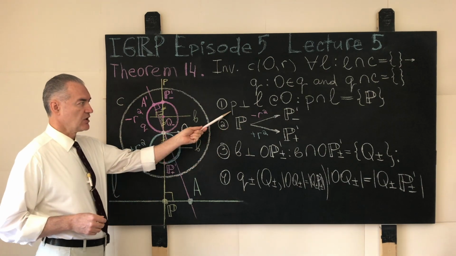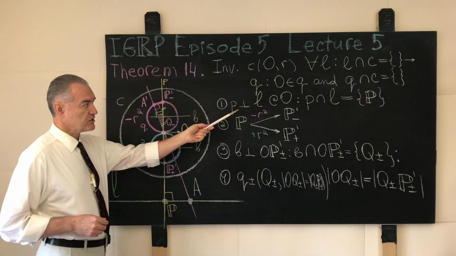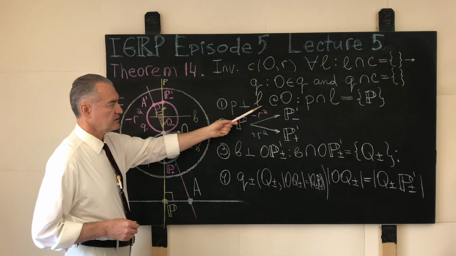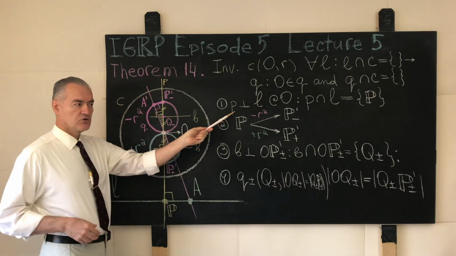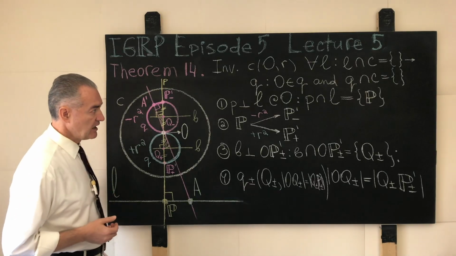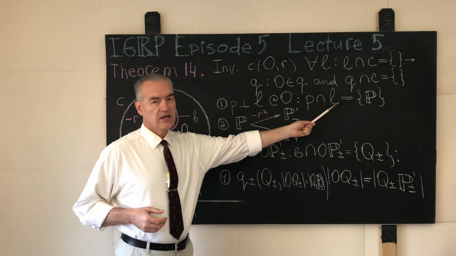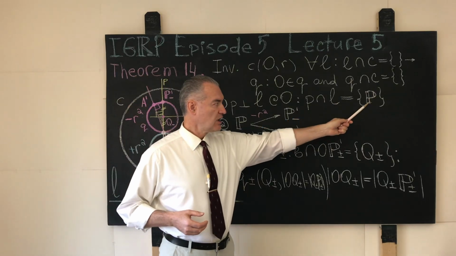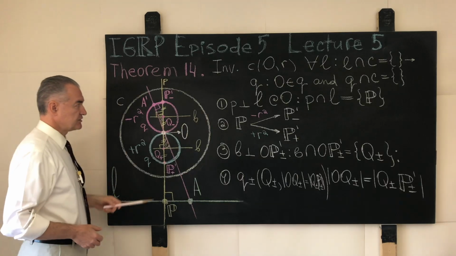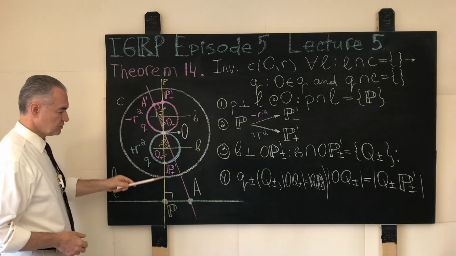Predictably, first, we snap a straight line through the center of inversion perpendicular to the given straight line L. We name that straight line lowercase p. We know that such a straight line will intersect our given straight line at a unique point, uppercase P. This is the geometry of this Euclidean tools only construction.